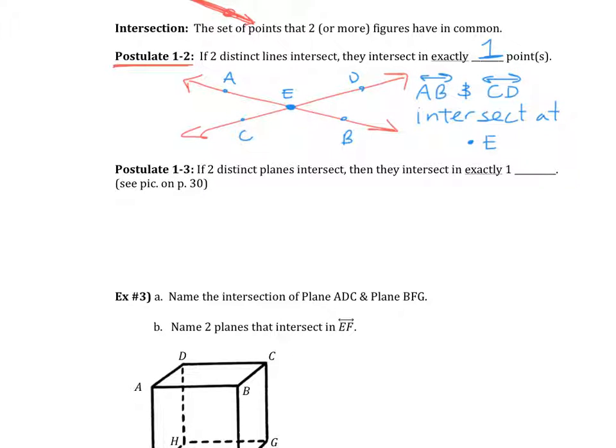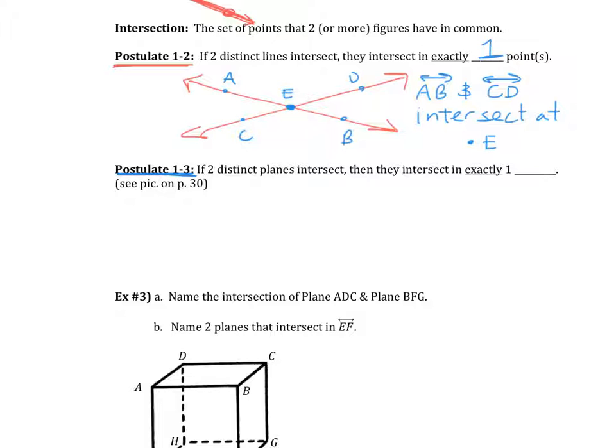And now we're talking about planes. So for postulate 1-3, it says if 2 distinct planes intersect. Remind me, what is a plane? What did I use yesterday to represent a plane for you? When we drew it, it was a parallelogram. Yep.